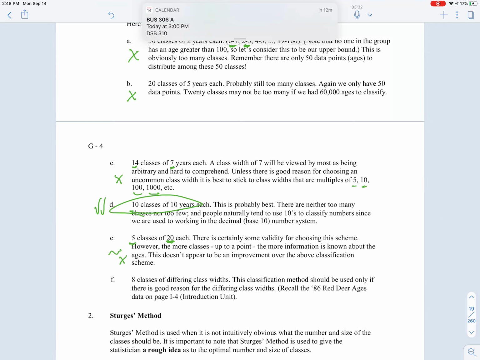8 classes of differing width. Now, that's actually what we used in the 1986 one, where we were looking at different times of a person's life. So the 0 to 4-year-olds were the preschoolers, and then the 5 to 9-year-olds, I think? Yeah, they were the primary age kids, and so on like this.